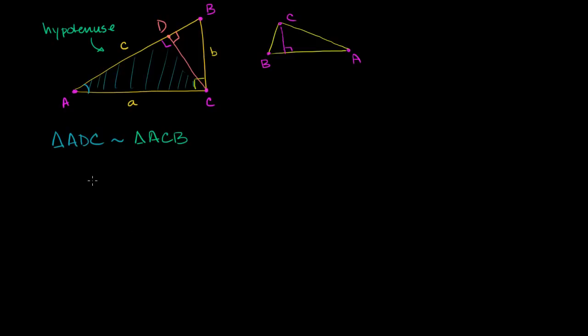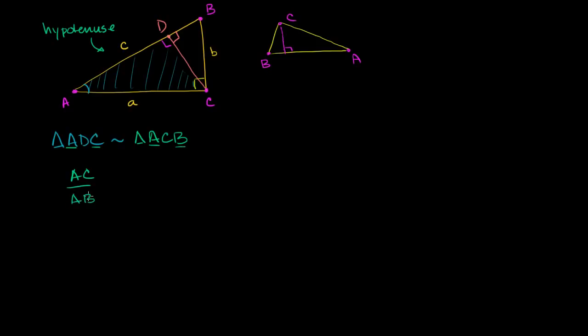And because they're similar, we can set up a relationship between the ratios of their sides. In general for similar triangles, we know that the ratio of the corresponding sides is going to be a constant. So we could take the ratio of the hypotenuse of the smaller triangle, which is AC, over the hypotenuse of the larger one, which is AB.